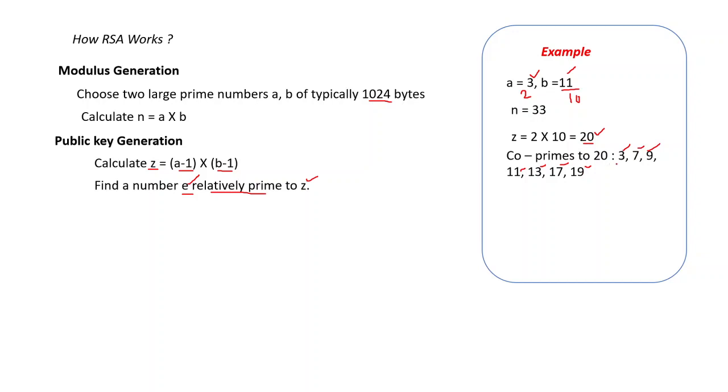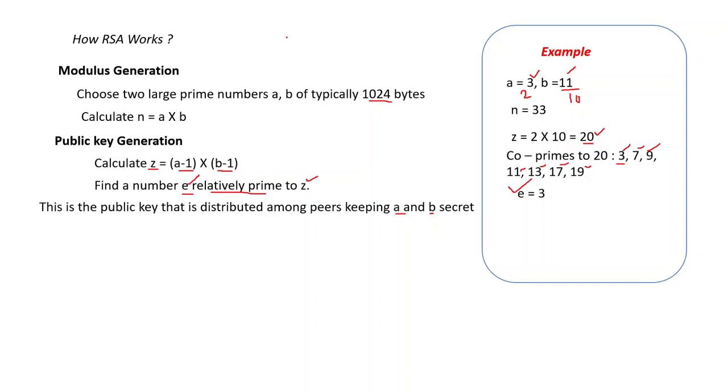From here we choose the simplest one, that is 3. This is going to be your public key, which is to be distributed among the peers. A and B will be kept secret. This E will be shared, and also this N will be shared. The E and N pair will be shared as the public key.